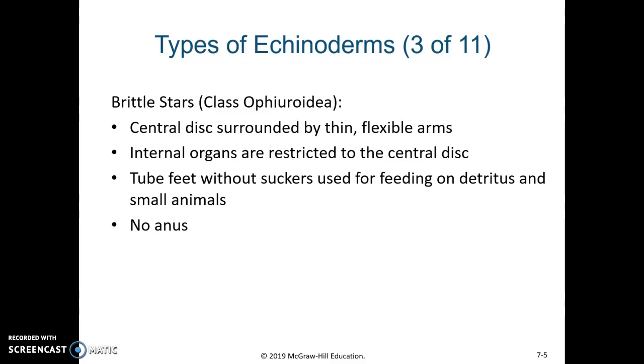They have tube feet, but they don't have any suckers. Those are used for feeding on detritus, so dead, broken down material, and small animals. And these guys have no anus, so material just goes in. And those are the brittle stars.